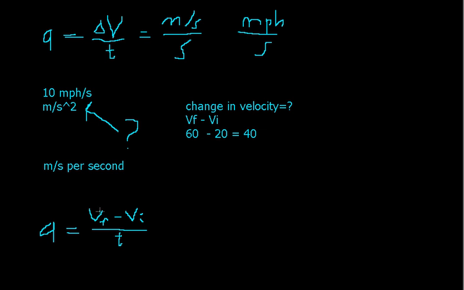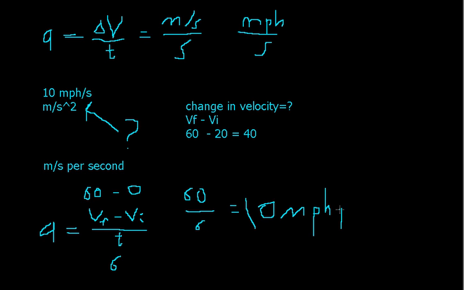So if our initial velocity is 0, we're starting from rest, and then we said 0 to 60 in 6 seconds. Well, 60 minus 0 is 60. 6 goes there. 60 divided by 6 equals 10. So we have 10 miles per hour, and I'm going to write it out per second.